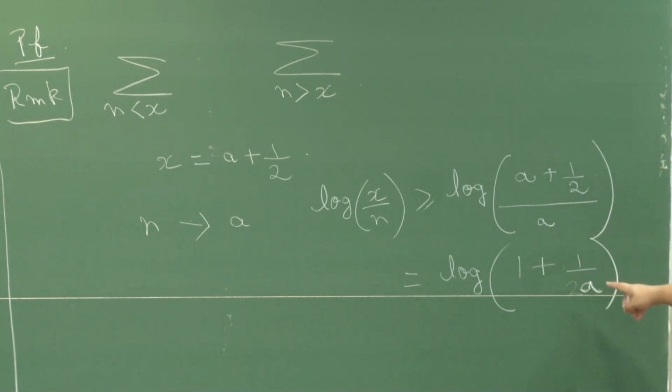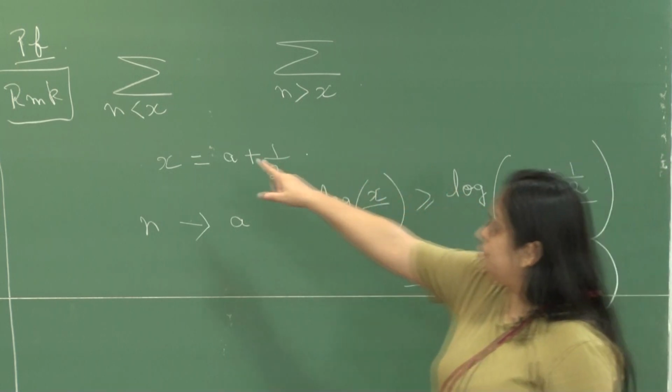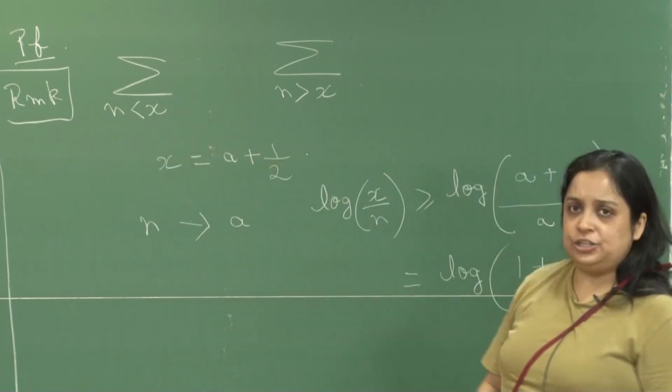If your a becomes very, very large, this bound is coming closer and closer to log 1, which is just 0. So this kind of a division into two sums will not be very efficient.